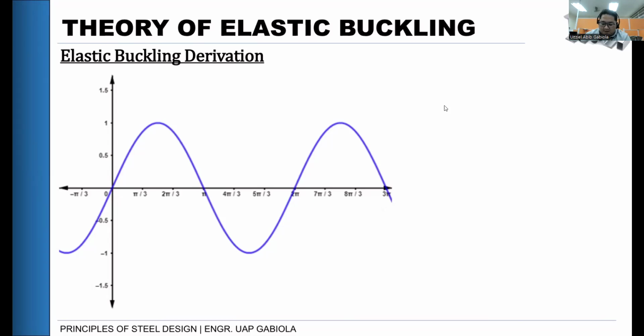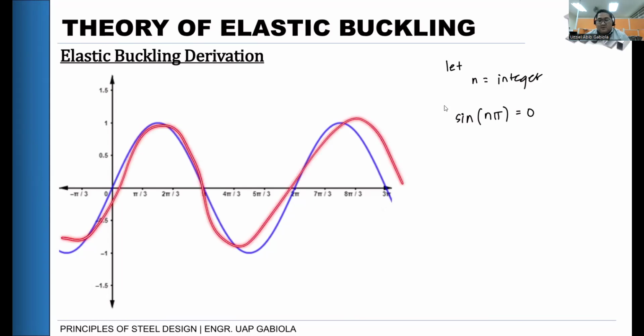So, puwede natin halimbawa i-let na si n is equals sa any integer, okay? So, ibig sabihin kapag meron tayong sine of any number times pi, equal siya sa 0. So, halimbawa, sin negative pi, sin negative 2 pi, sin 100 pi, ang value niya ay 0 based from dito sa observation na premise natin, nung sine wave natin.